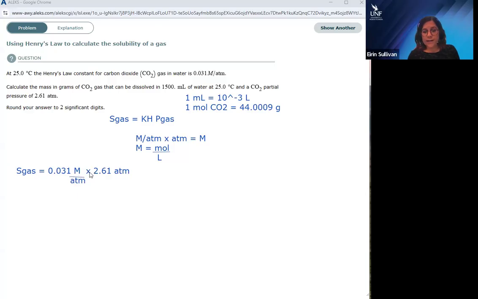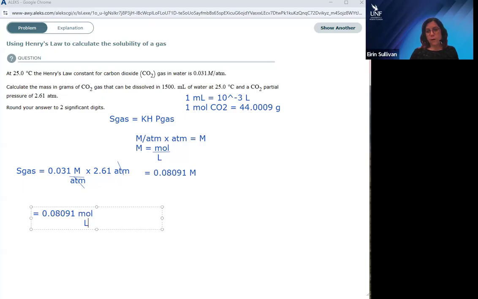Dimensional analysis tells me my units are going to come out in molarity. So that comes to 0.08091 molarity, which is the same as 0.08091 moles per litre. So for my unit conversion, I'm going to take that and just write moles per litre to make it easier to see.